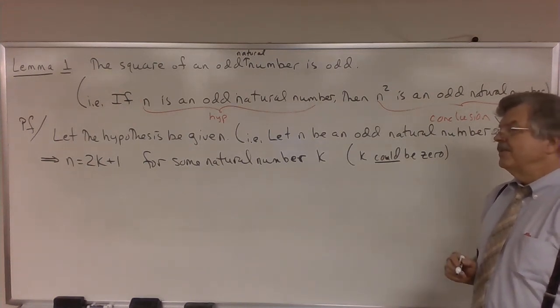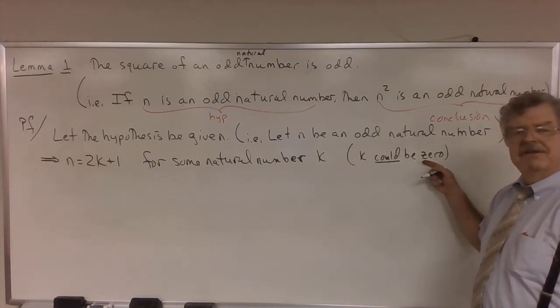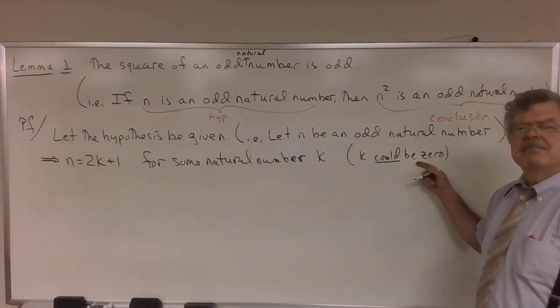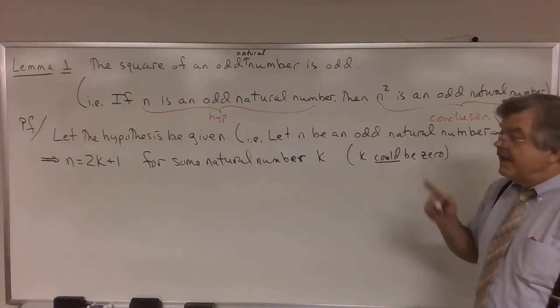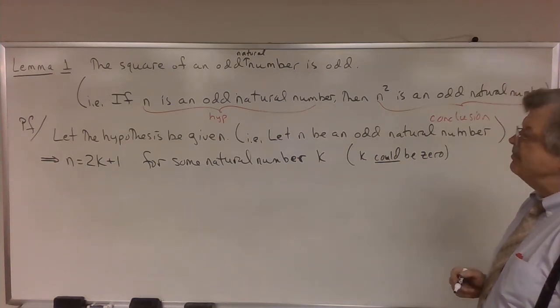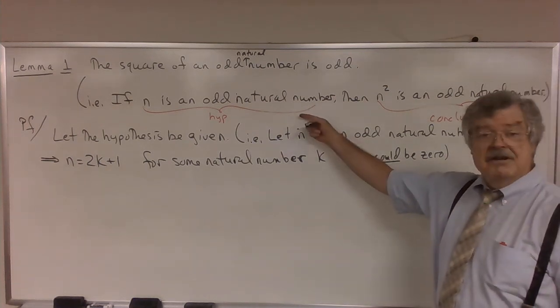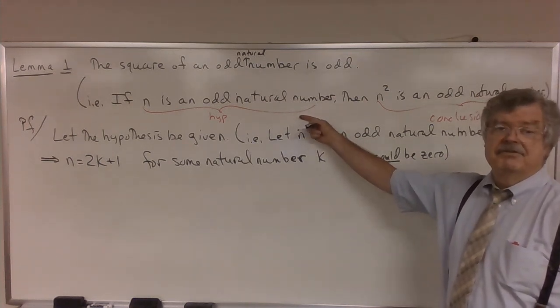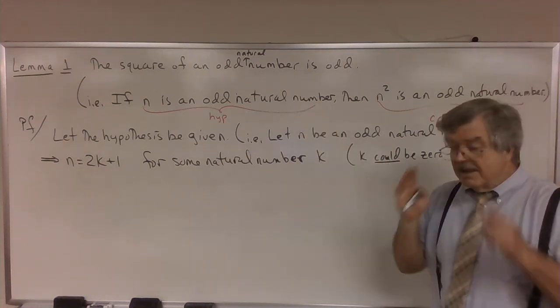So n could be 1, k could be 0. So here we're letting 0 be an honorary member of the natural number club. n is equal to 2k plus 1. Okay, I've done something with my hypothesis. Maybe I can do more, but at least I've done something with it.